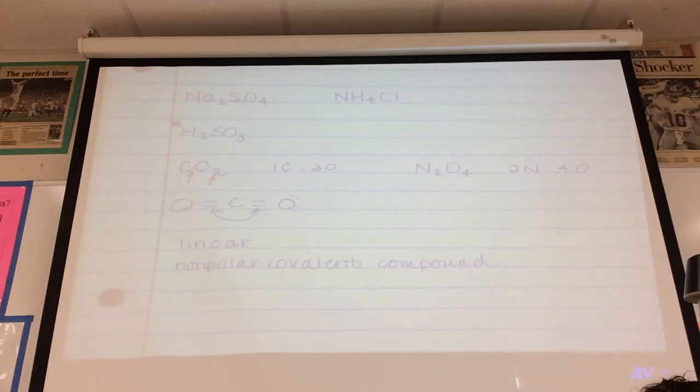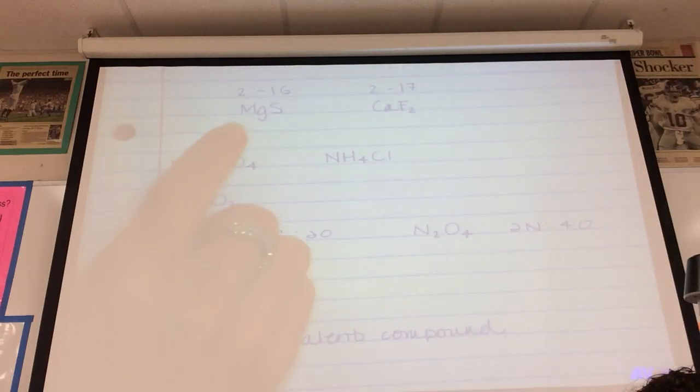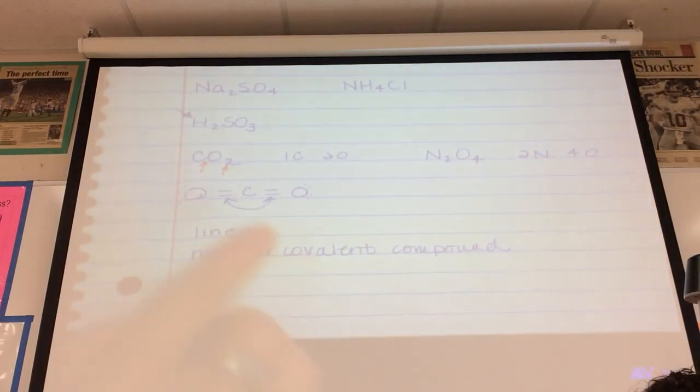In addition, covalent compounds are comprised of 2 or more nonmetals that share electrons between them. Ionic compounds, you've got metallic cation, non-metallic anion. Covalent compounds, you will have two or more nonmetals that have combined chemically.